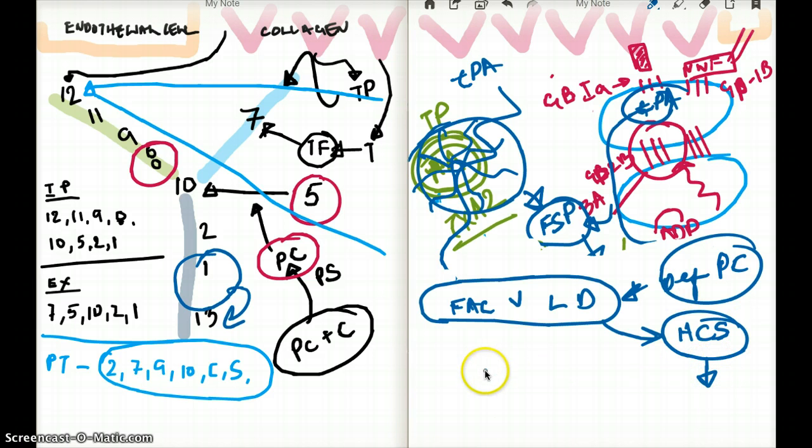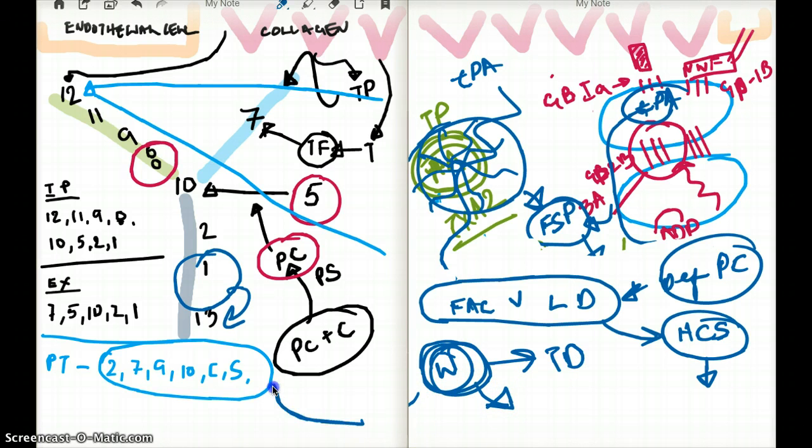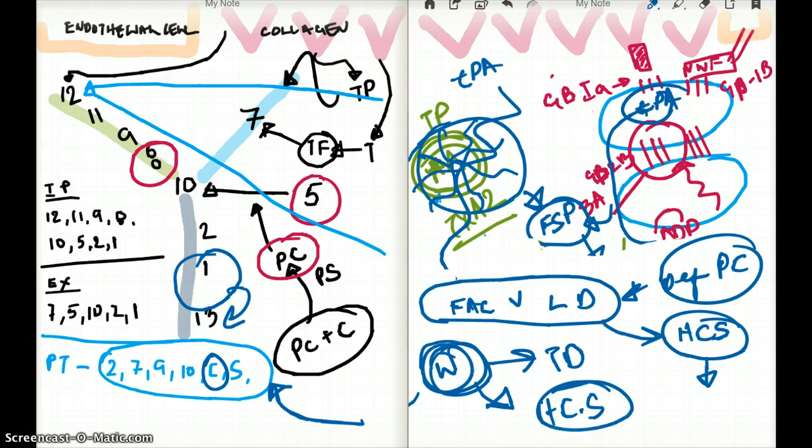This is analogous to when we use warfarin alone before using heparin. It takes a little bit of time for warfarin to reach a therapeutic dose. Warfarin is going to inhibit vitamin K factors, which are these ones. So protein C is going to be inhibited. As a result, this in turn is going to cause a hypercoagulable state.